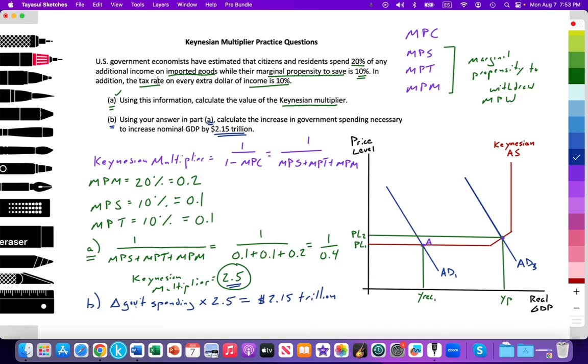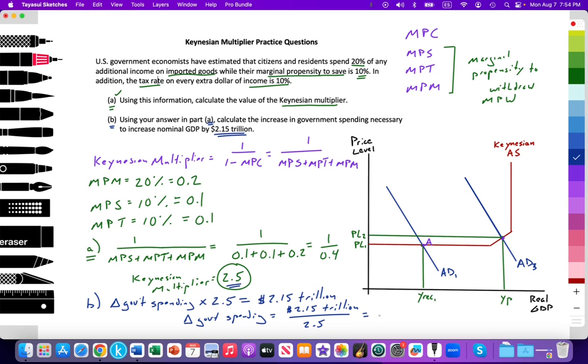Okay, so we're trying to solve for this. So the change in government spending is going to be equal to 2.15 trillion divided by 2.5. And that's going to tell us what that level of government spending is going to be.